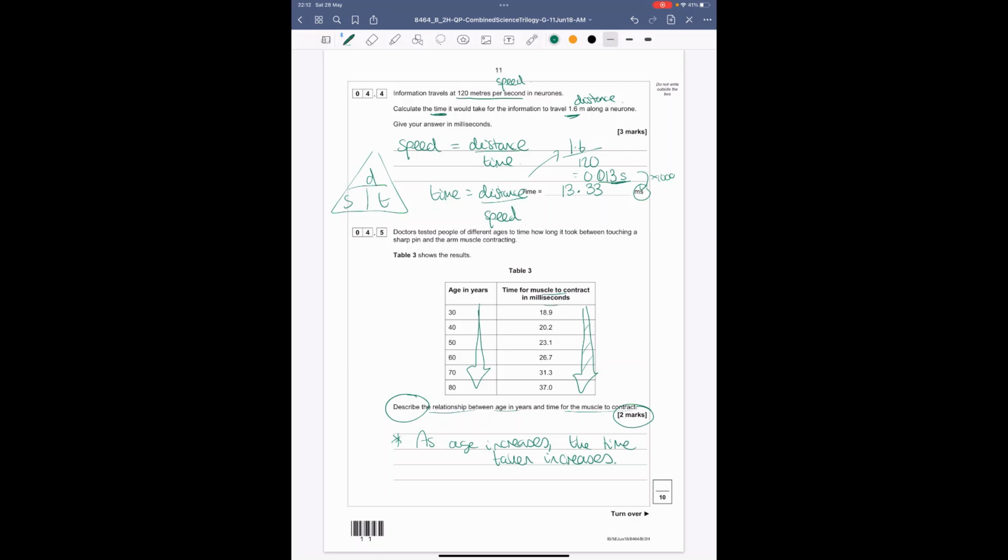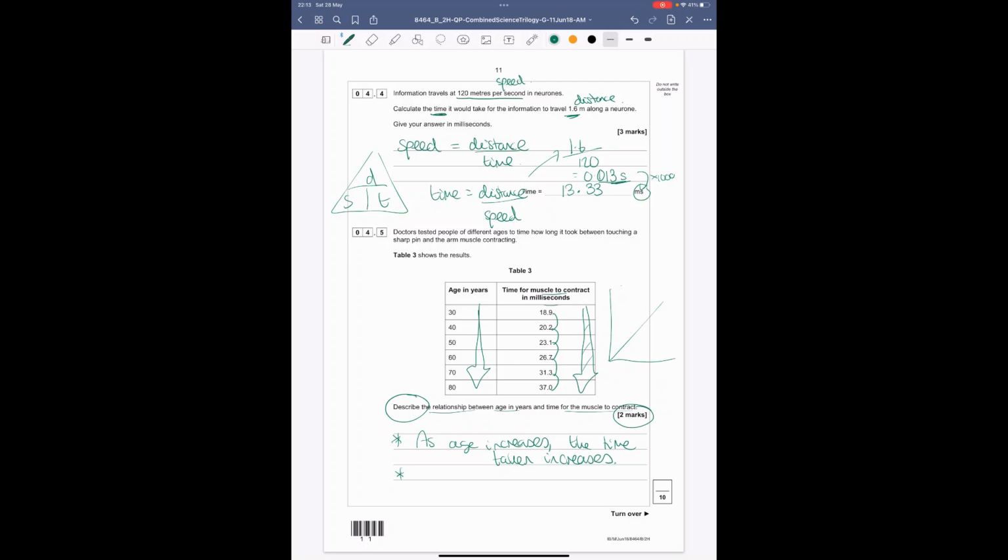We've got to think of a second point though, to get our second mark. We've got the obvious one, but then we need to look a bit closer at the data. As it is increasing, it's not going up in a linear way. It's not going up an even amount each time. You can see the gap is increasing as the age of the tested people increases.